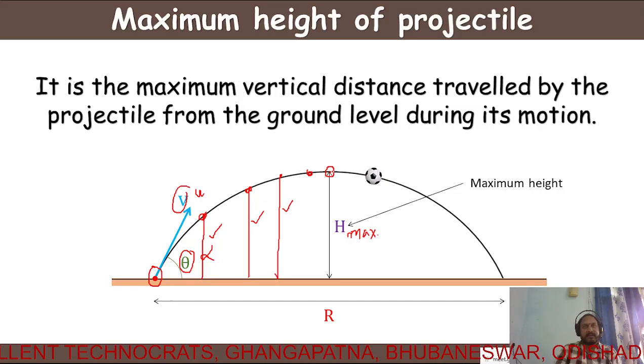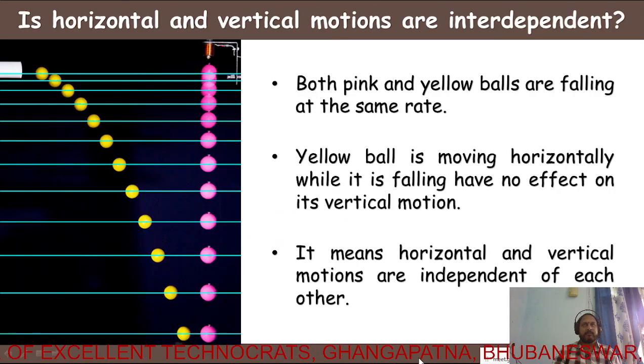Now you are not at all calculating the curved motion, what is the path. You're calculating the horizontal distance from point A to point B. That horizontal distance traveled by the projectile during the entire projectile motion is called the horizontal range, which is designated as a capital R. Understood? All of you understood?